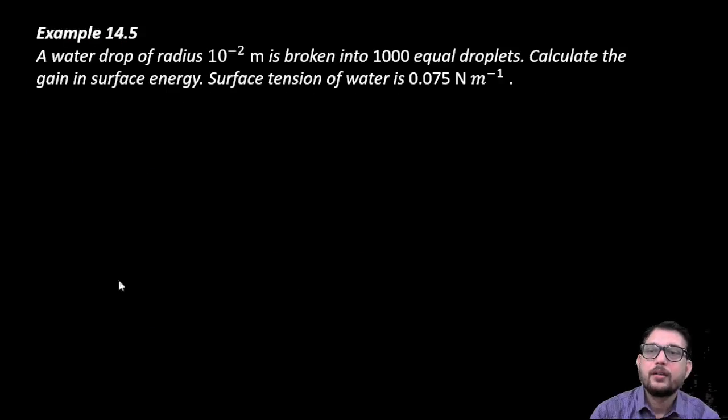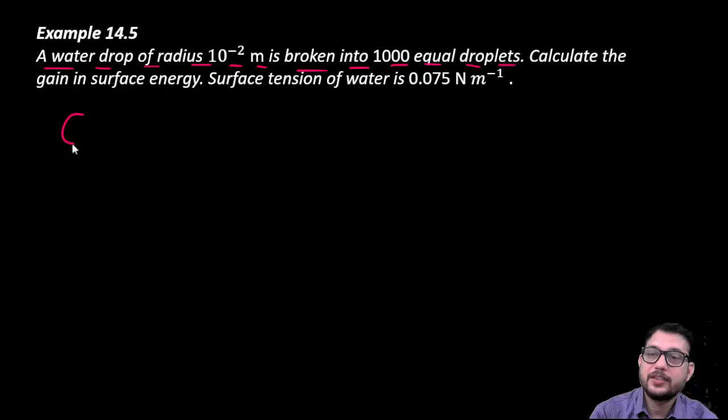Okay, so this is your example, as you can see here. It is given that a water drop of radius 10 to the power minus 2 meter is broken into 1000 equal droplets. So we have one drop.